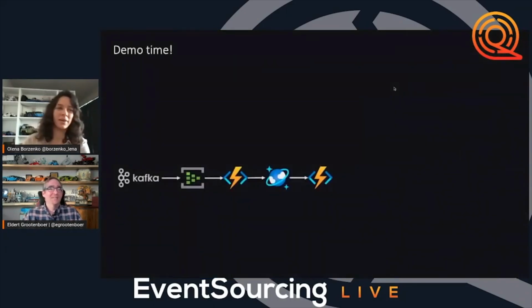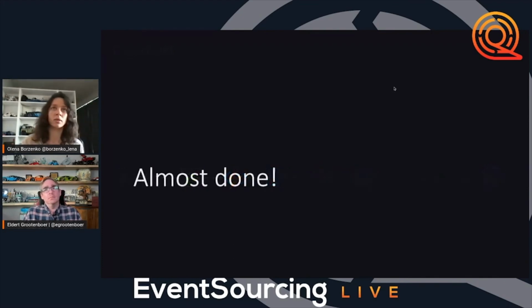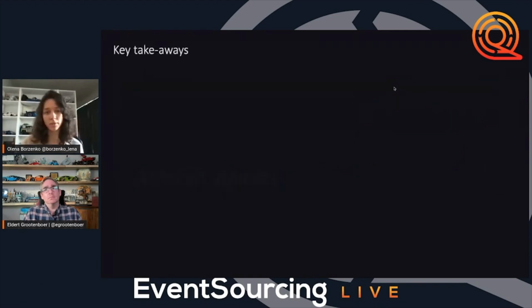Come on. Okay. So we already saw how we wrote this data, how we can read this data, how we can basically aggregate it. And just to summarize everything, we want to give a couple of key takeaways.